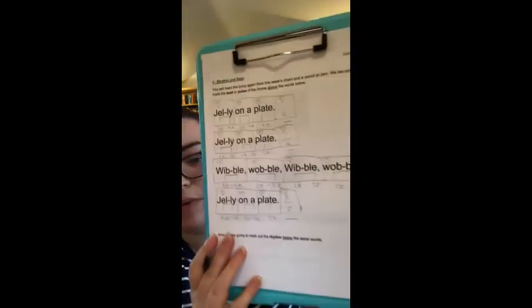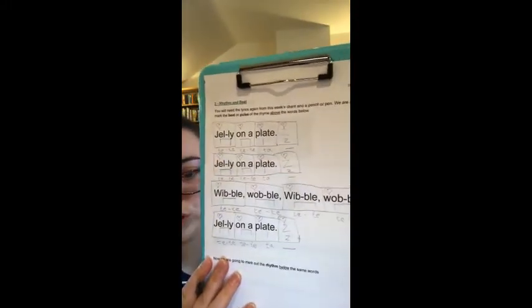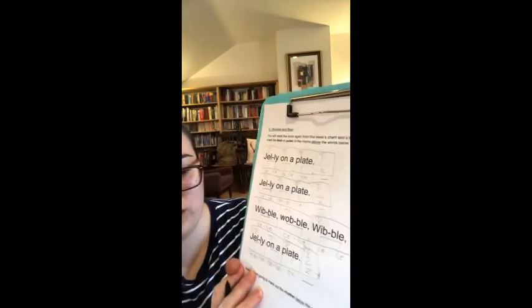If we were to go through the whole song, just saying the rhythms, we should recognize the rhythms from the words. So it goes tete, tete, ta, tete, tete, ta, tete, tete, tete, tete, tete, tete, ta. And if we go through one more time with the jelly on a plate words, you'll recognize it's exactly the same rhythm.